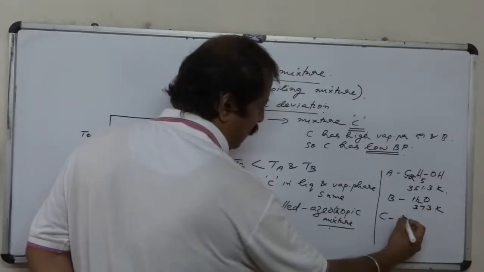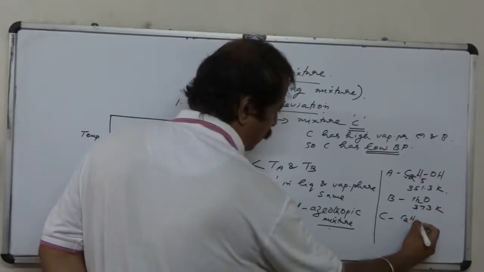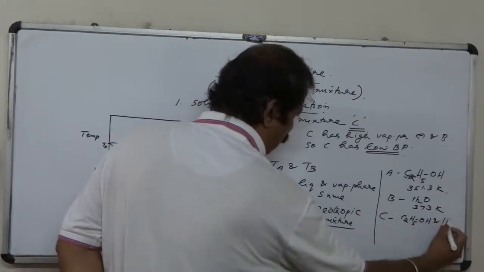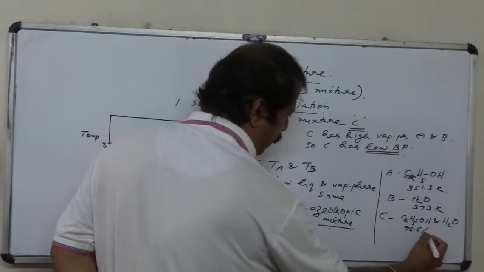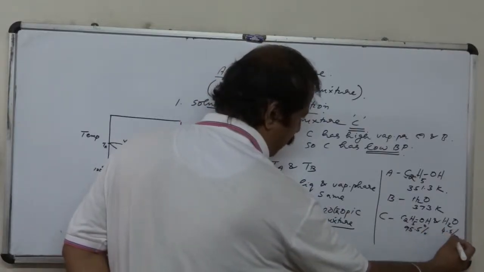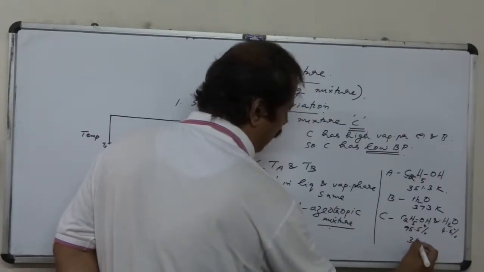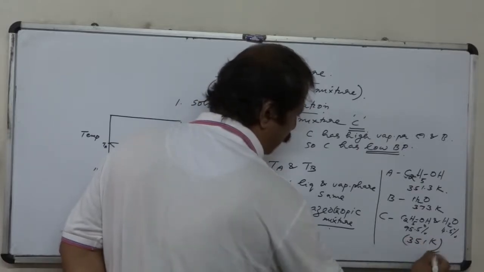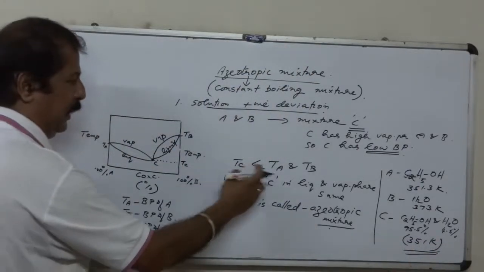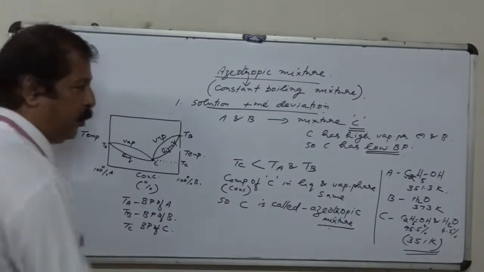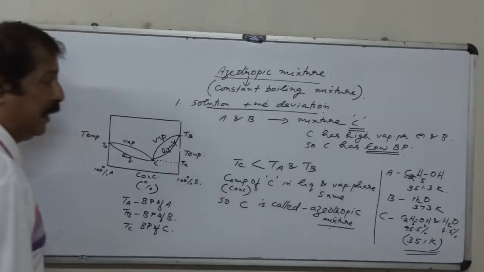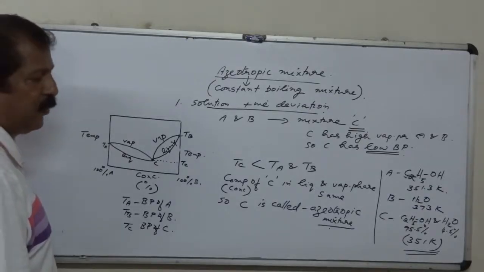C is a mixture of ethanol and water, and the percentage of ethanol is 95.5% and water is 4.5%. And the boiling point is 351 Kelvin. You can see 351 is less than 373 and 351.3. So this C is called rectified spirit. C is an azeotropic mixture.